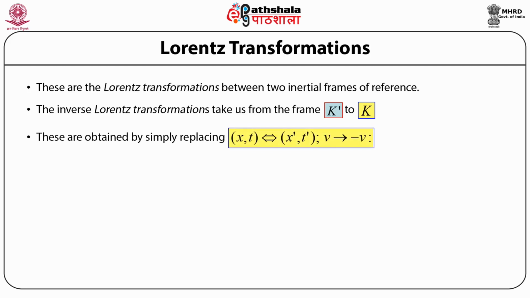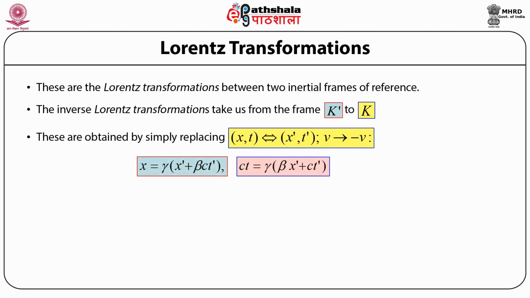So doing these transformations, we can obtain the Lorentz transformations for the coordinates x and ct in the frame K with respect to the coordinates x′ and ct′ in the frame K′ as x is equal to γ(x′ + βct′), and ct is equal to γ(βx′ + ct′).